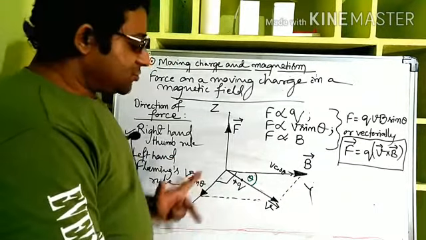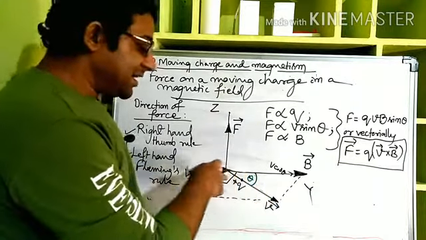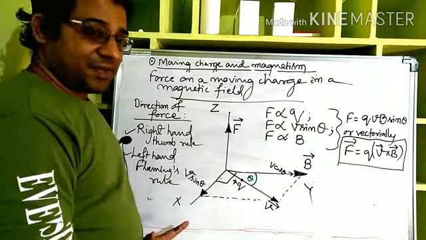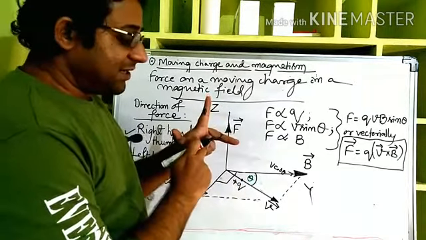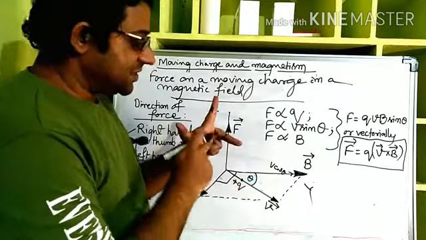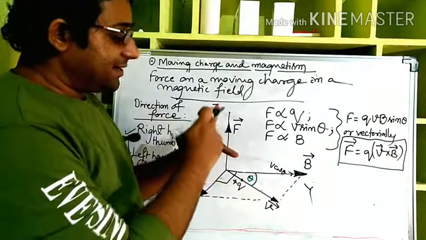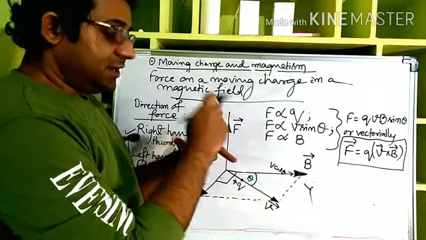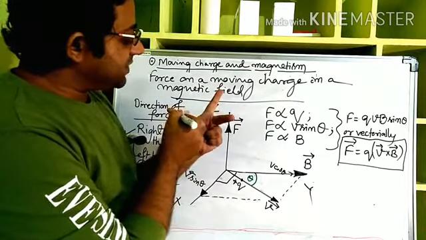You know, right? So if we assume plus Q charge, we are simultaneously saying that this is the current direction. Or alternatively we can say that this is the direction of a positive charge. So if the middle finger shows the direction of a current and the index finger shows the direction of a magnetic field, then the thumb shows the direction of a force experienced.